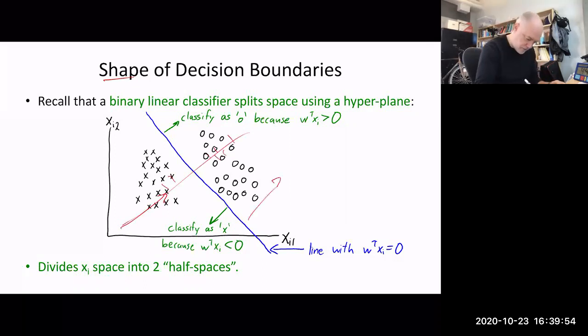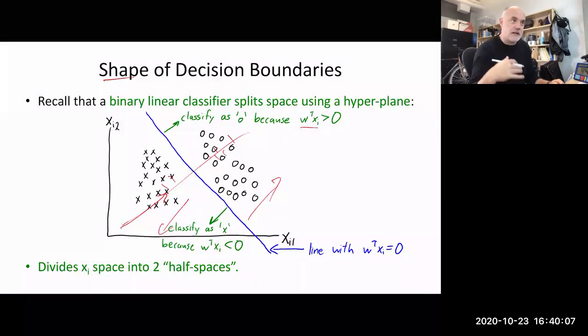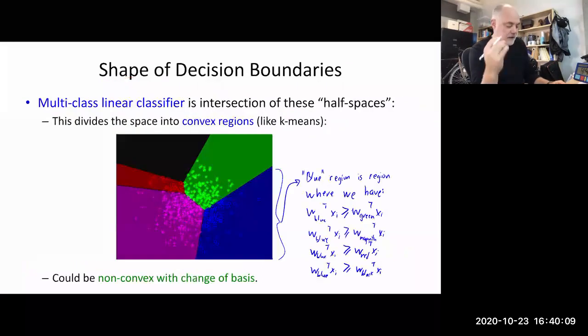These are all class 1, these are all class 2, or whatever. It divides space into two half spaces. But what we just said is, for each class, we're looking at the relationship between the score for that class and the other classes. So if you do a multi-class linear classifier, it's basically an intersection of half spaces, just like it was in k-means, right? So it divides the space into convex regions.